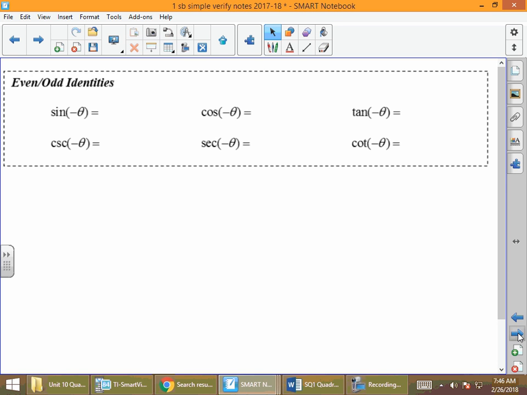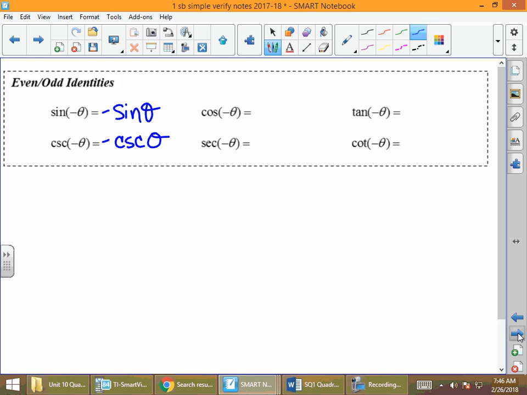What happens here is that sine of negative theta is the same thing as negative sine theta. We can do the same thing for cosecant. Since we bring that negative out in front of the function for sine, we can bring it out in front of the function for cosecant.